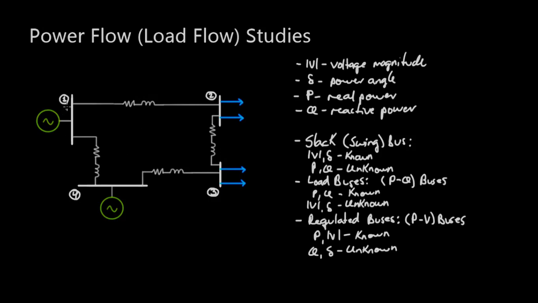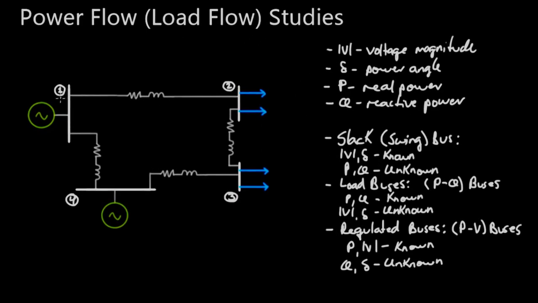Now for example, let's say that we wanted to classify the buses on this system over here. This bus number 1 is what I'm going to call my slack bus. So this one right here is the slack. And again, slack is also called a swing bus sometimes. So that's my slack bus. And then obviously buses 2 and 3 over here would be load buses because we have the loads over here.